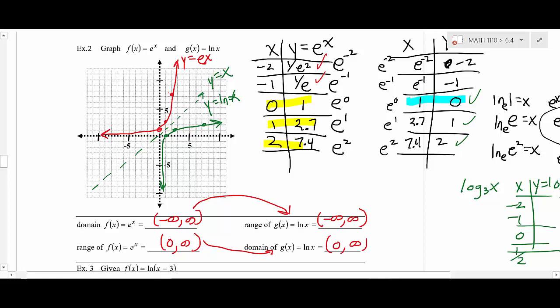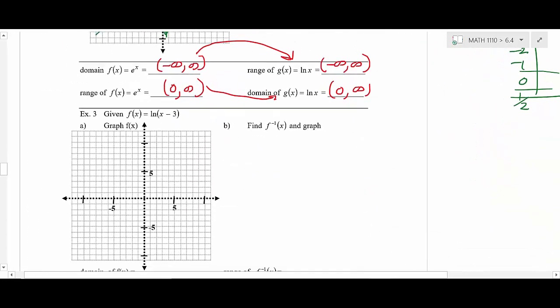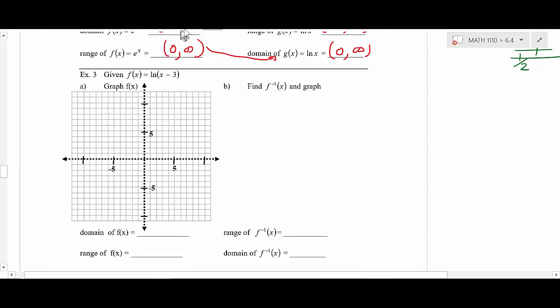Okay, that's the idea. So let's go ahead and do these graphs then. Instead of doing this graph, we're going to find the inverse, and we're going to do its graph. So let's do the inverse.